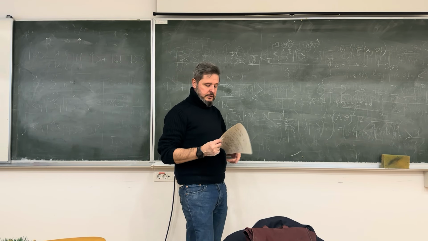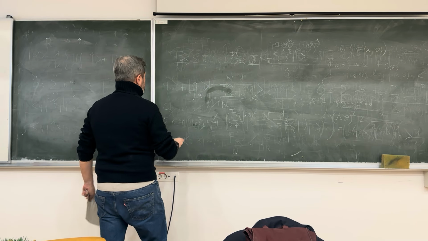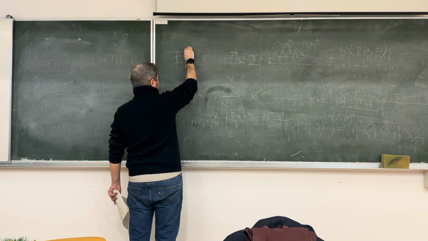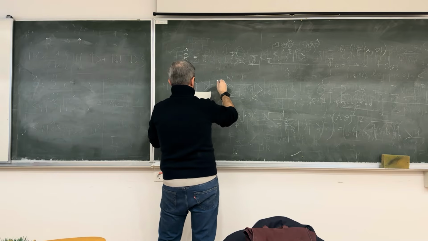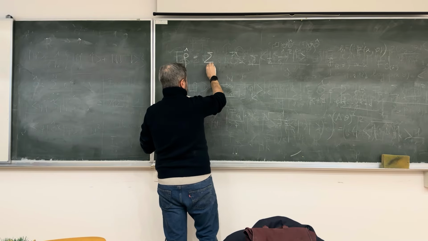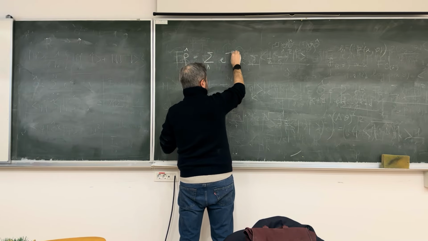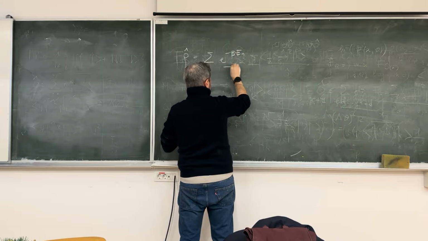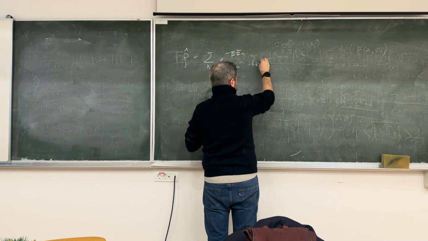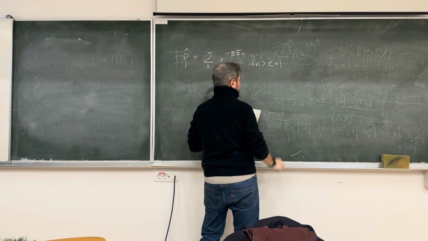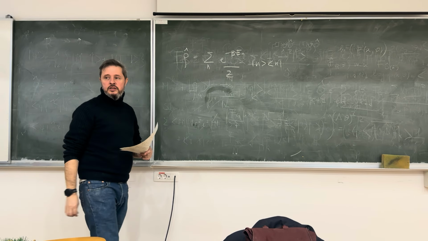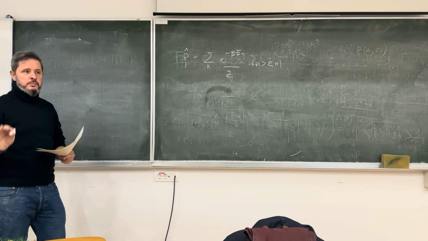This is the question. So let's first imagine that it was in a mixed state, in a thermal state like this. This is a perfectly legitimate thermal state for some given Hamiltonian.